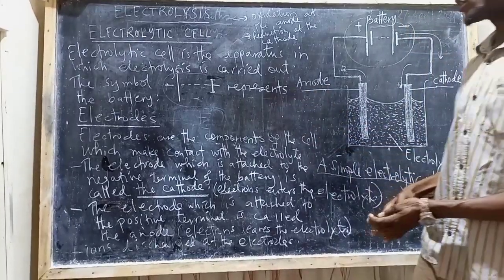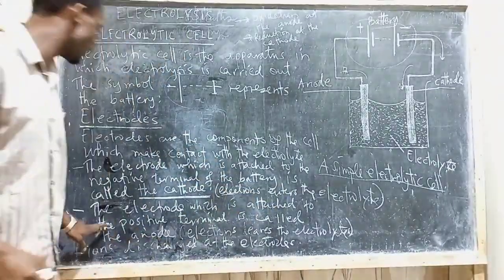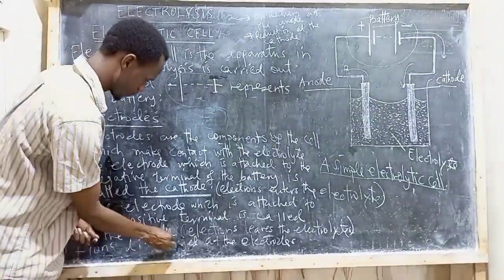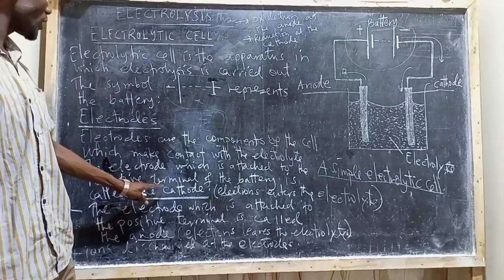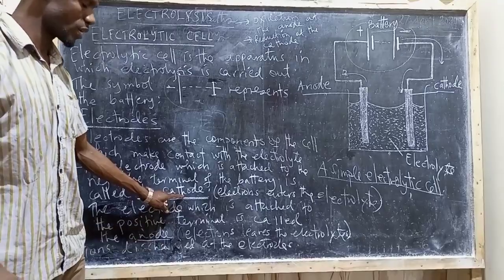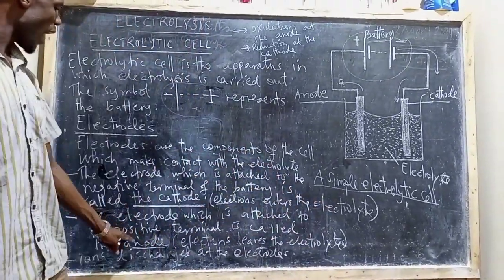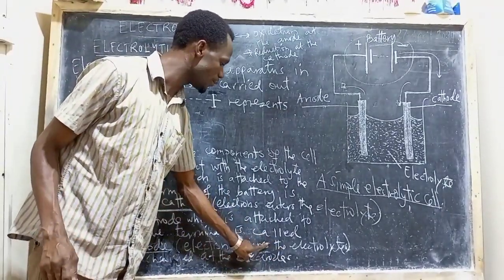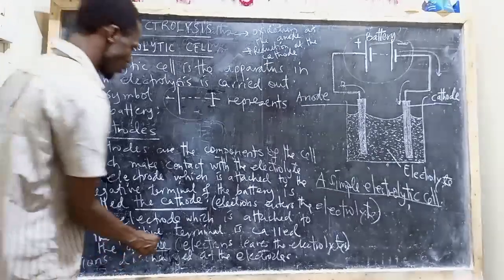The electrode attached to the positive terminal is called the anode. The cathode is where electrons enter the electrolytes, and where the electrons leave the electrolytes, we call it the anode.